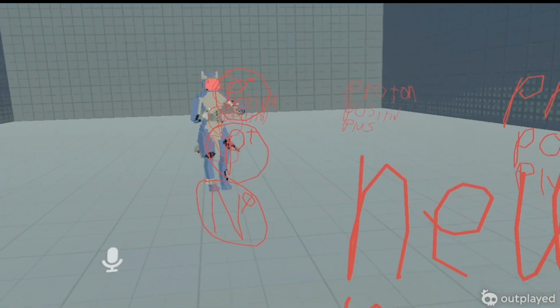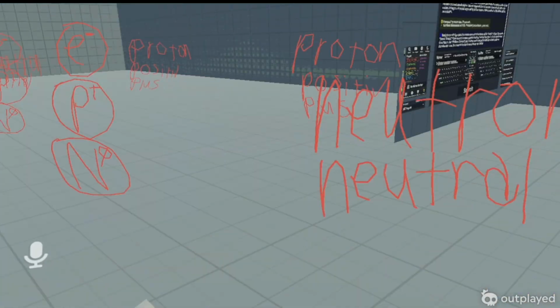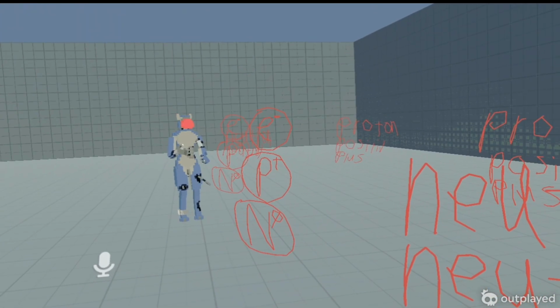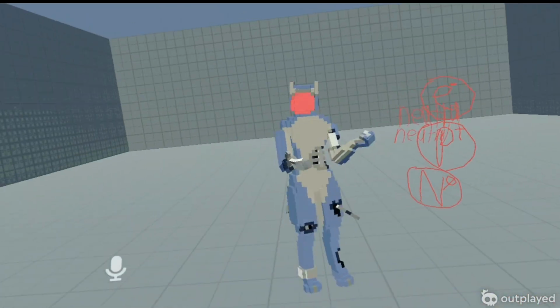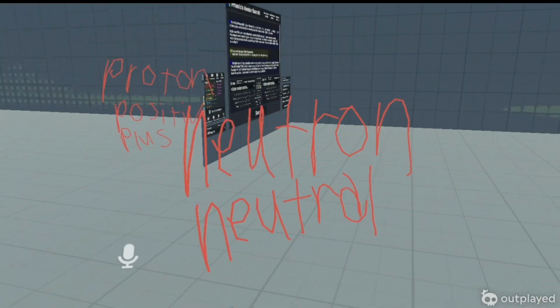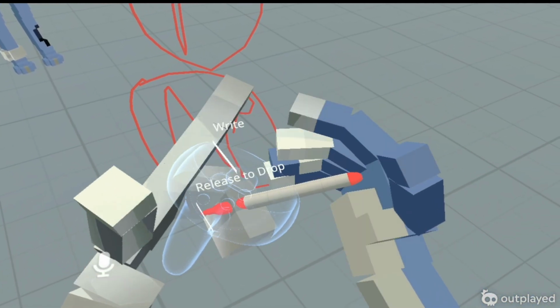Because neutrons are neutral, they have no charge. They're not negative or positive. And the electron, the third one, you kind of just have to remember that one. I don't have a good way of remembering it, I just do. But that is the charges of the different parts of an atom.